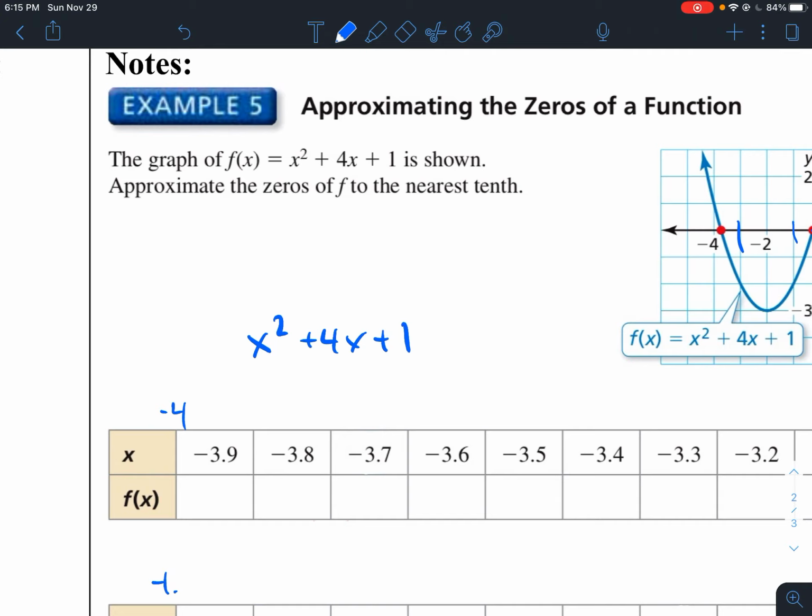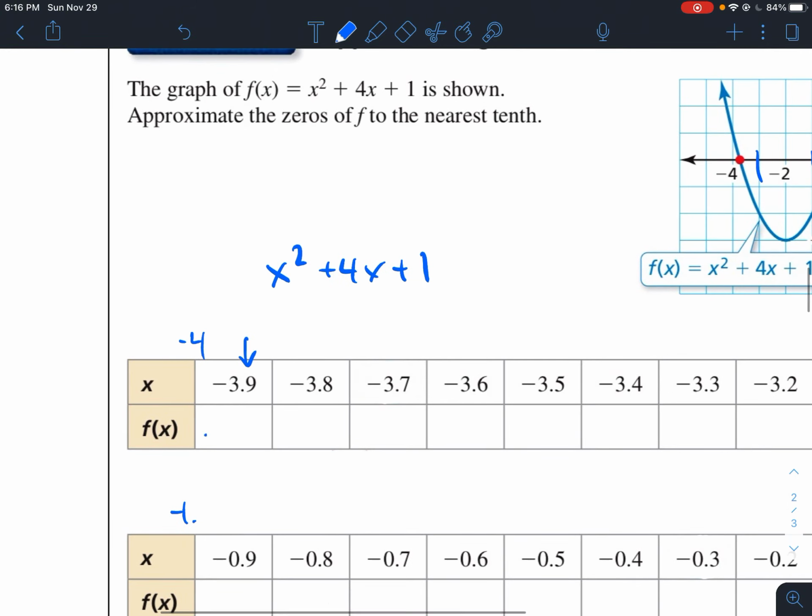Okay, so let's see here. So let's take negative 3.9 and plug that into the equation of x squared plus 4x plus 1. So this is equal to 0.61.